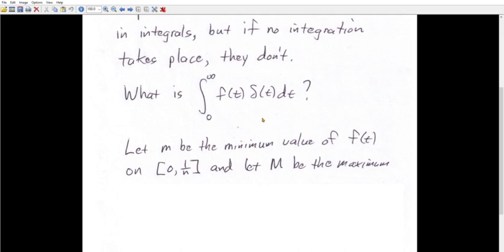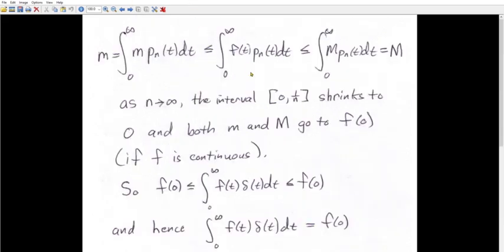If we look at the pulse function Pn, and let little m be the minimum value of f of t on that interval, and let big M be the maximum value, then the integral of f of t Pn of t dt is going to be bigger than the integral of m Pn of t dt, because f of t is bigger than or equal to its minimum on that interval.